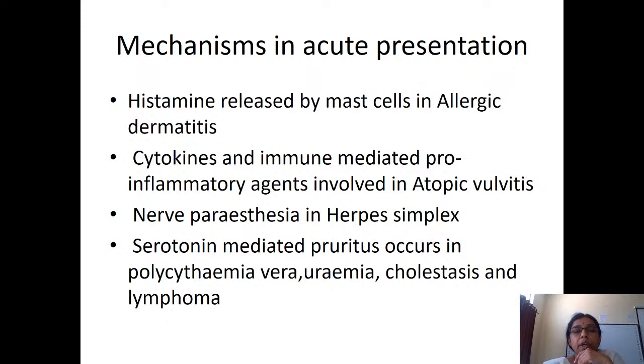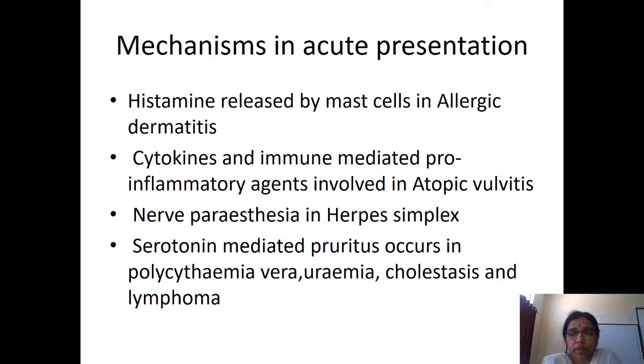And then what are the mechanisms in acute presentation? In allergic dermatitis especially, it is the histamine released from the mast cells that is the cause of pruritus. Whereas if it is an atopic condition, that is atopic vulvitis, usually cytokines and immune mediated pro-inflammatory agents are involved.